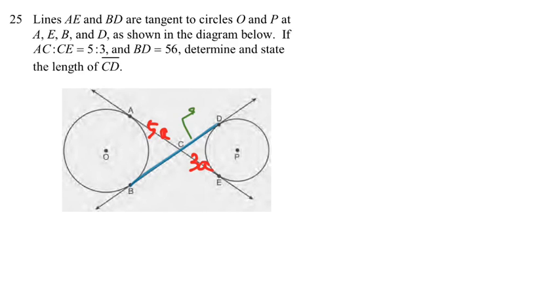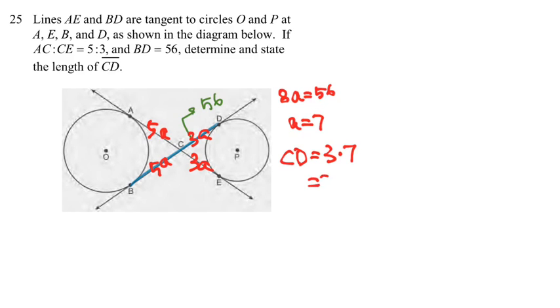That's why we can assume that BC must be equal to 5A, and CD must be equal to 3A. Then as we set up an equation here, we realize that A must be equal to 7. And then since CD is 3 times that, 21 becomes the answer.